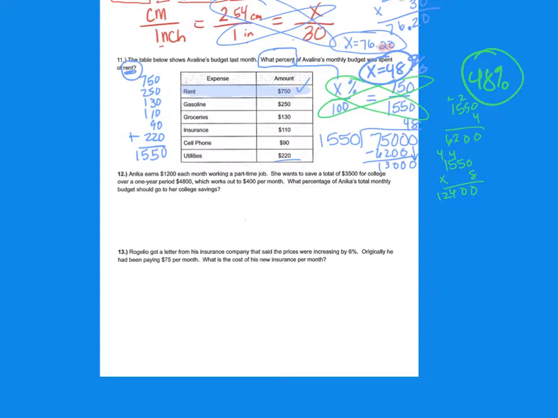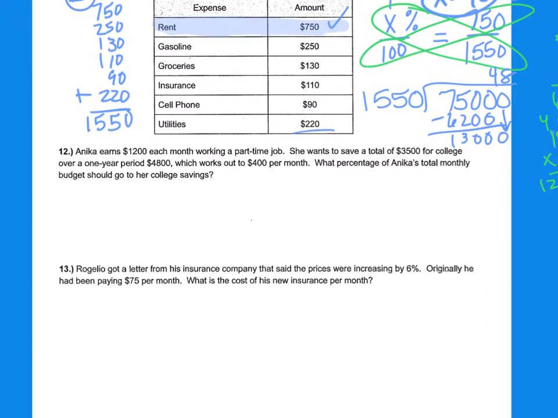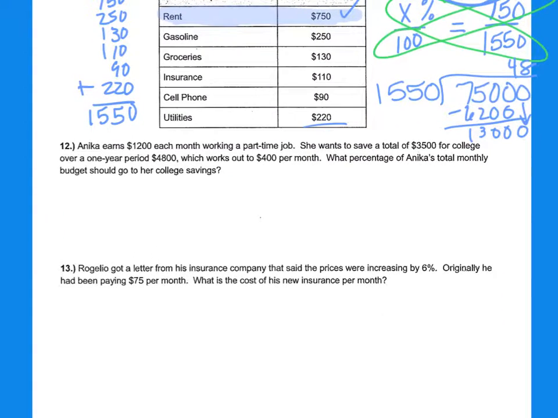Okay, let's look at number 12. There's a couple weird things on number 12. Anika earns $1,200 each month working a part-time job. She wants to save a total of $3,500 for college over a 1-year period. I actually think we don't need that number. I think that's another typo. I think over a 1-year period, she's supposed to save $4,800, which works out to be $400 per month.